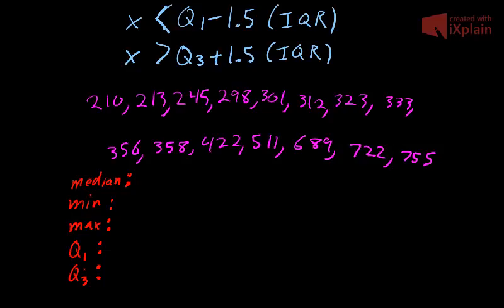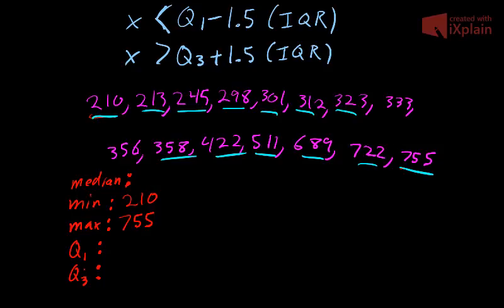So the minimum and the maximum, these are already ordered from smallest here to greatest here, so that's really easy to find. Our minimum is 210, and our maximum is 755. I'm going to go through and mark these, one on either end, till we find the middle, because that's how we find the median. And our middle number is 333, so that is going to be our median.